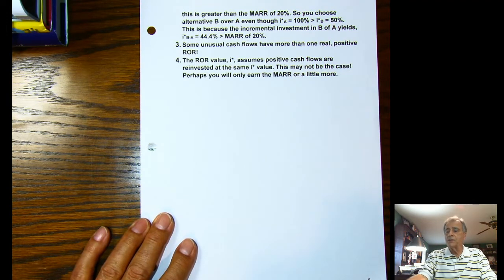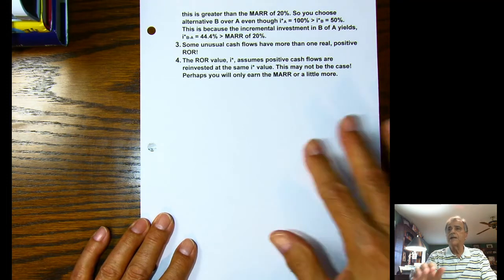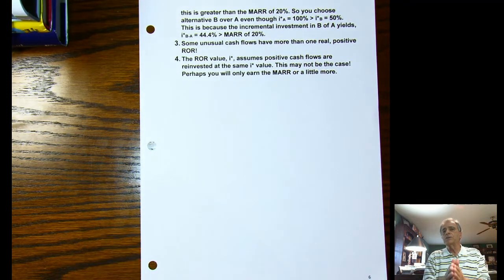Most of the cash flows we've looked at this semester started negative, and then you had a bunch of positive cash flows, so there was one sign change. It went from negative in year 0 to positive, and then stayed positive. In that case, there's only one real positive rate of return, if in fact there's any positive rate of return. At most one.